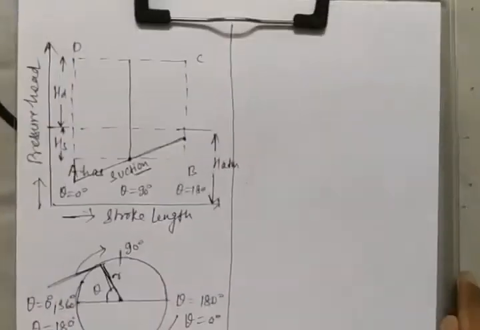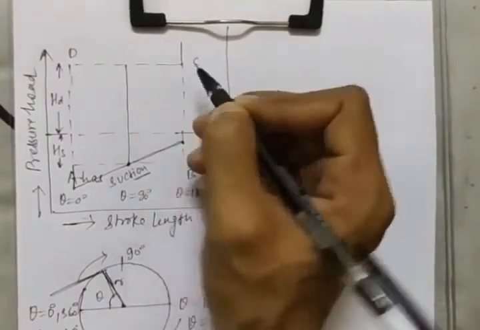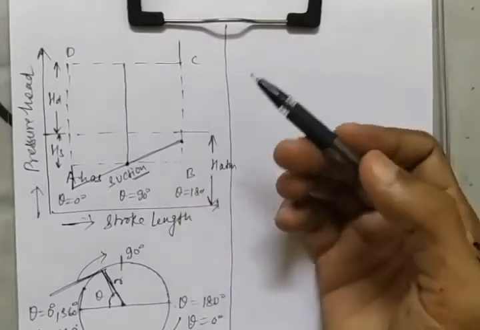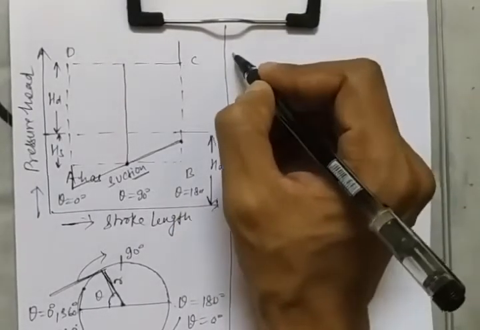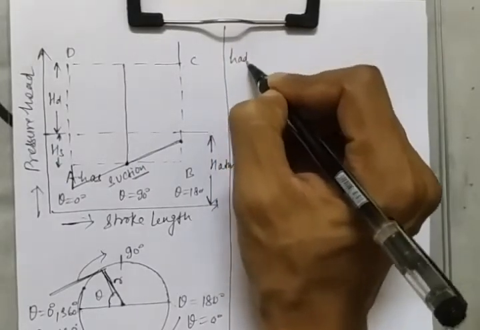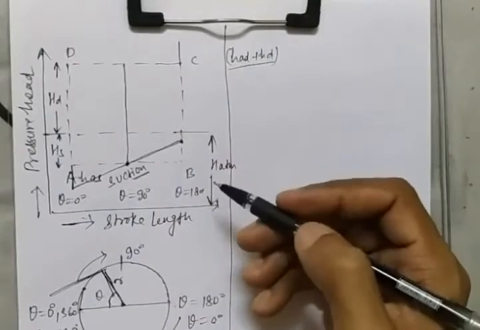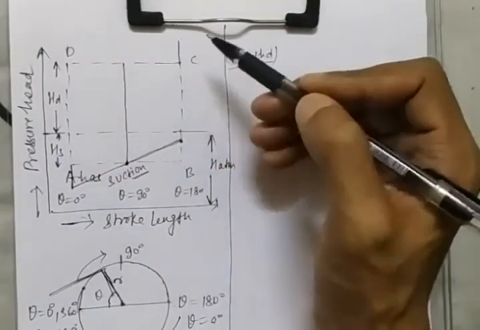It means that it will increase the delivery head HD by HAD. It means that the total value will be HAD plus HD. This will be the total value from here to here. This is HD, you can see here, and this will be increased by HAD.